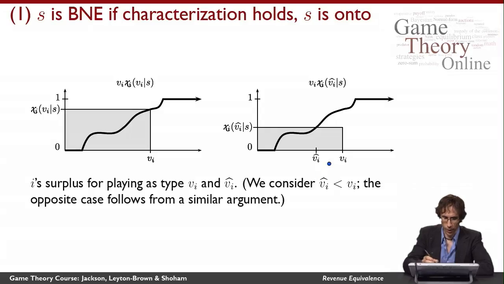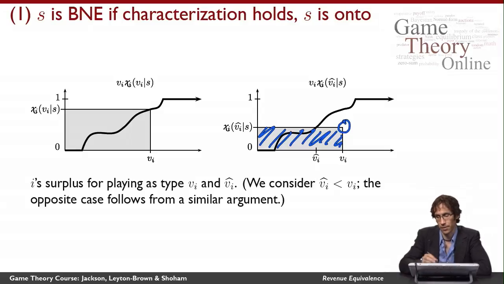So when I assume that the value v hat i is lower, because of my assumption that the function is monotonic, that means that this point here is going to be lower than this point here, the point at v hat i as compared to the point at vi. And so that means that this corresponding point on the y-axis is going to be lower than this point was over here. And all of that means that the area of this rectangle here is going to be smaller. And it also means that this corner of the rectangle is not going to touch the line the way that it does here.